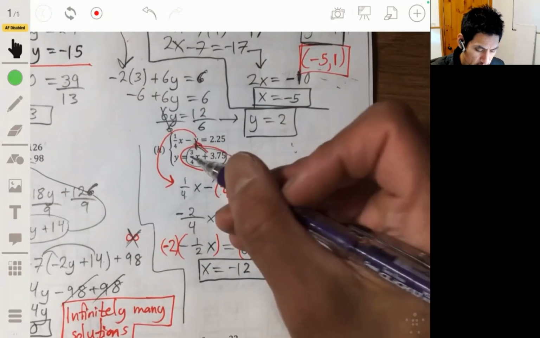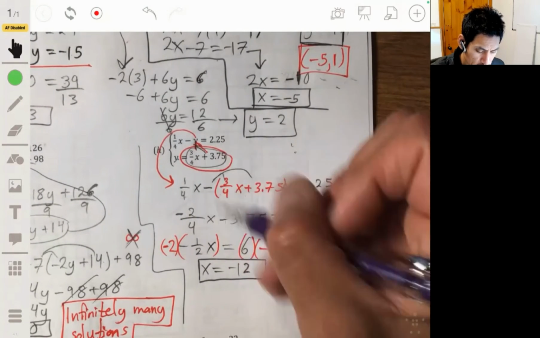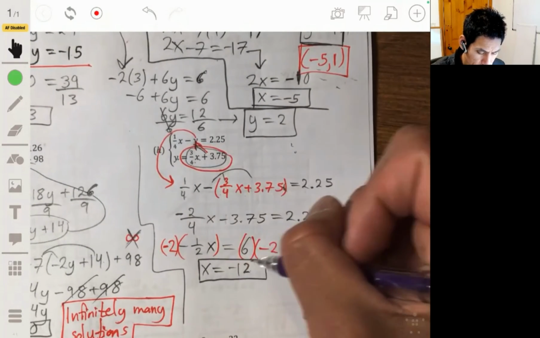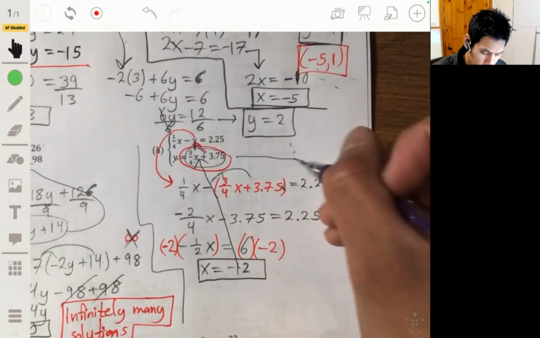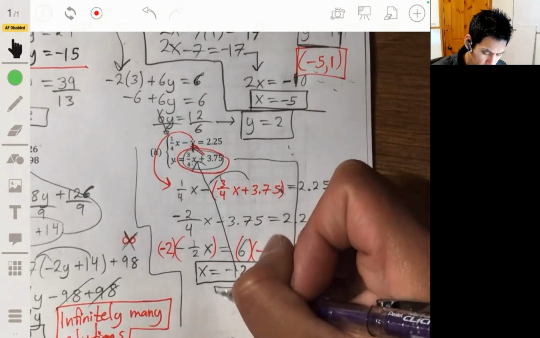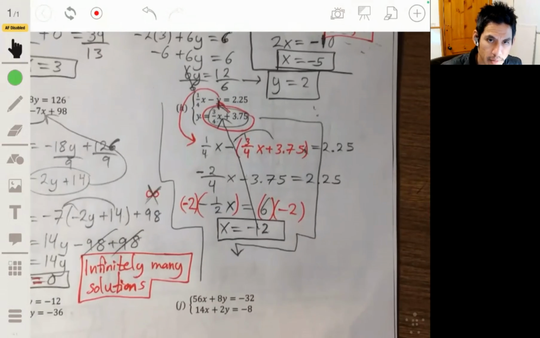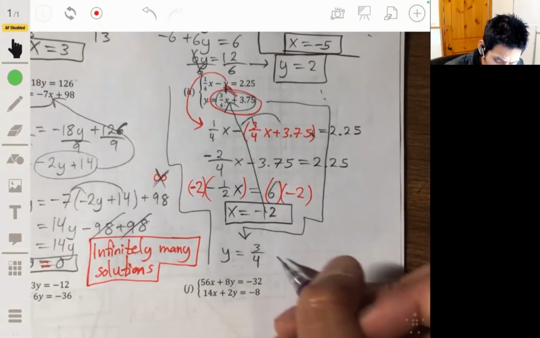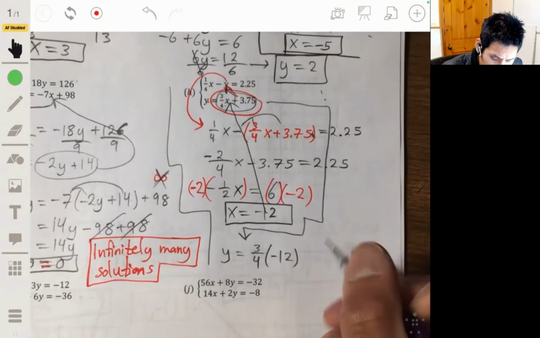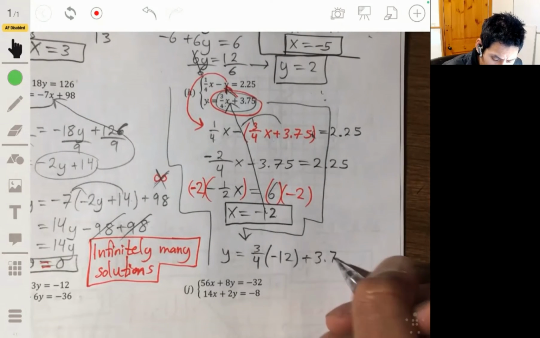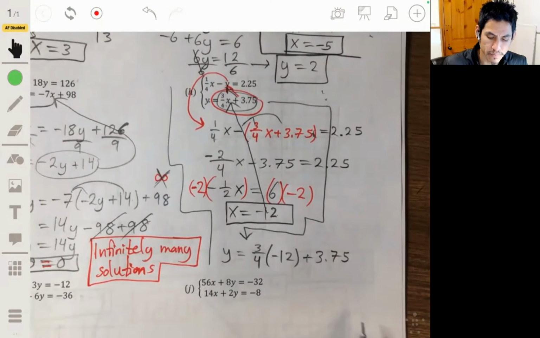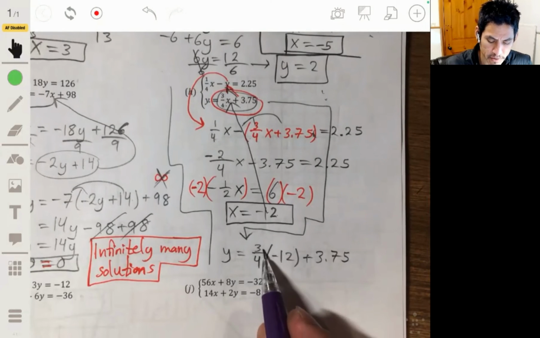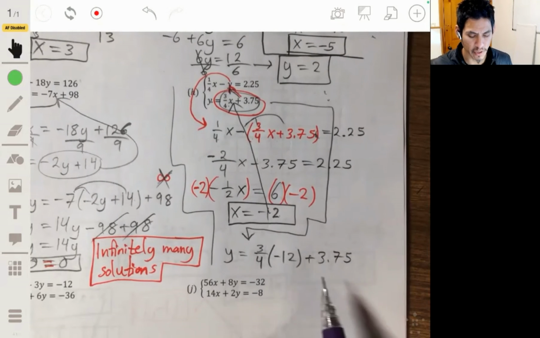And then, since we have an equation for y here, we just plug this -12 into this x. And let's go over here. And then we can solve for y. We'll get y is 3/4 times -12 plus 3.75. 3/4 times -12, or 3 times -12, -36/4.